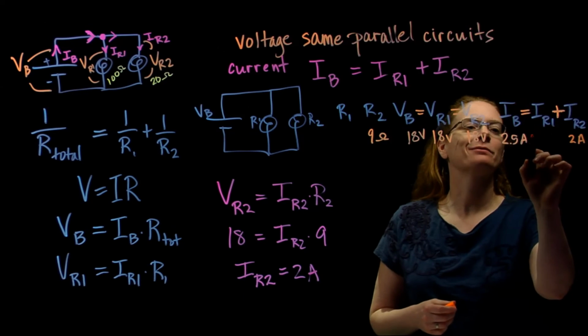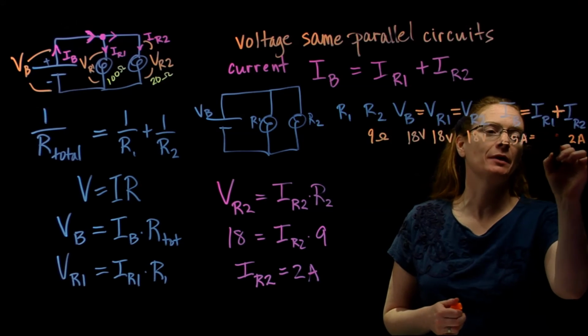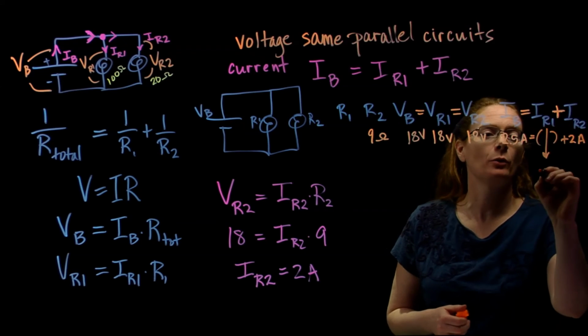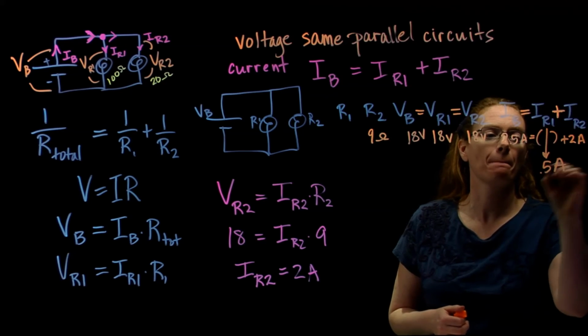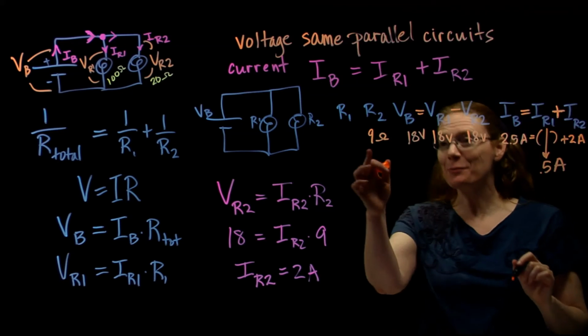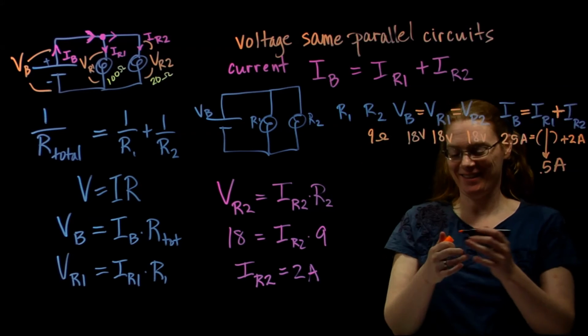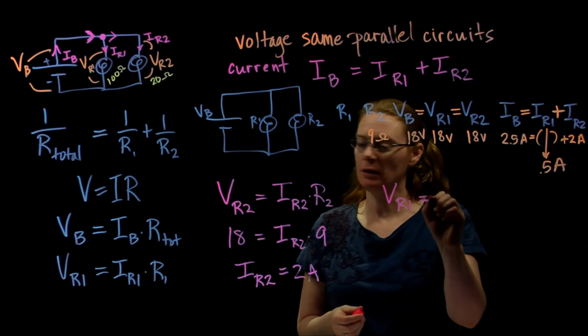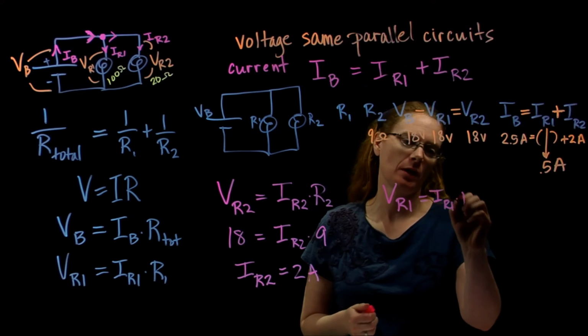Now I know the current through resistor 2 is 2 amps, and now, got it: 2.5 amps equals something plus 2 amps. I think I can do that. The current through resistor 1 has to be half an amp. And at this point, I can go back here and get the last thing. VR1 equals IR1 times R1.